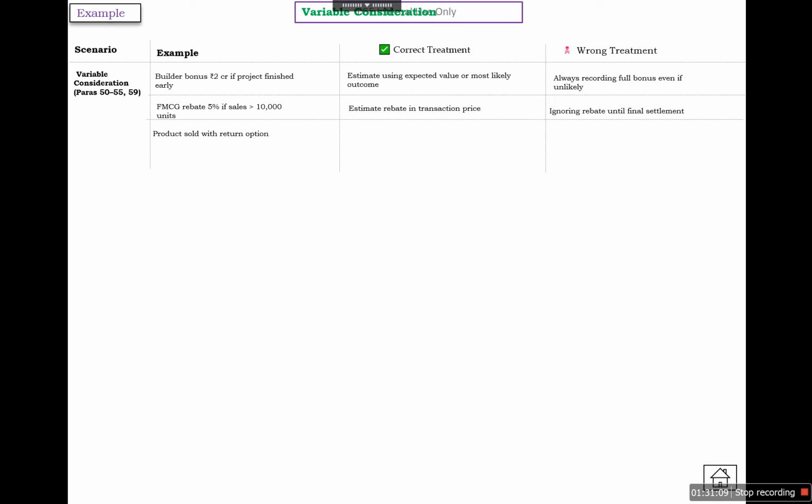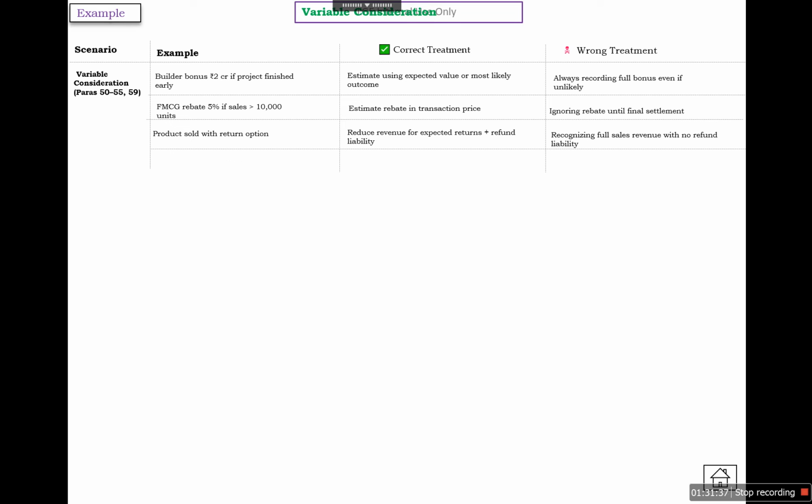Next, if a product is sold with a return option, we need to reduce the revenue for the expected return. We need to find out how much of the value of the sale will be returned, based on the expected value or most likely method, and accordingly reduce the revenue and create the refund liability.